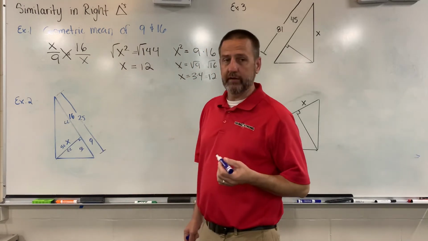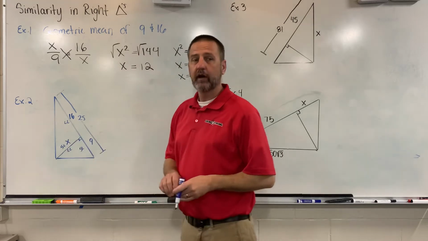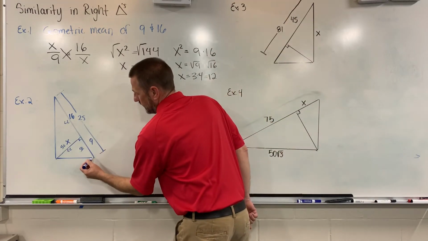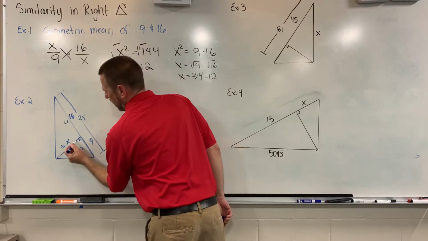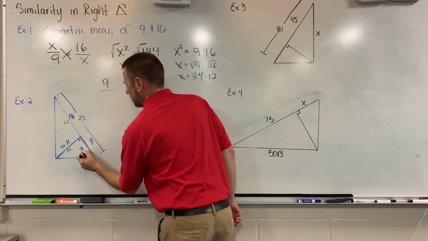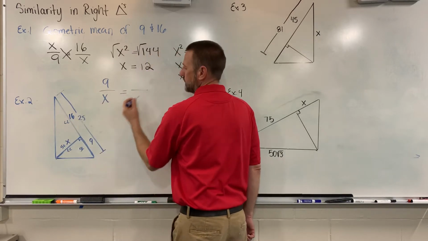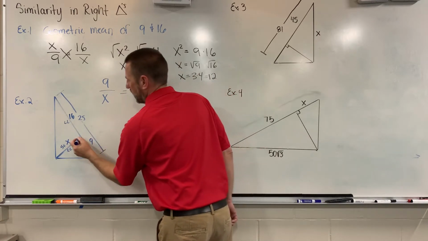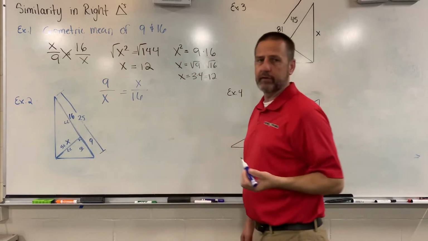These things are related, so I can use this triangle and this triangle. If I put them together, I can figure out the answer. So I'm going to go like this: short leg over long leg equals short leg over long leg. And we end up with something called geometric mean.